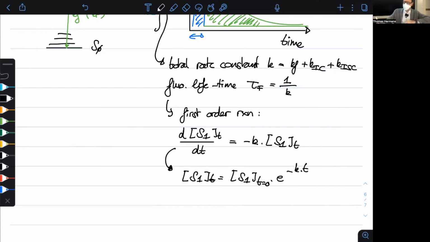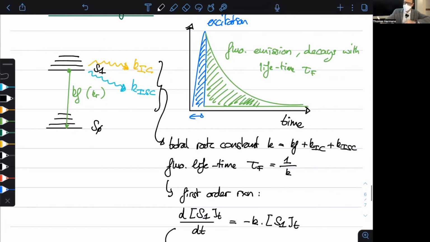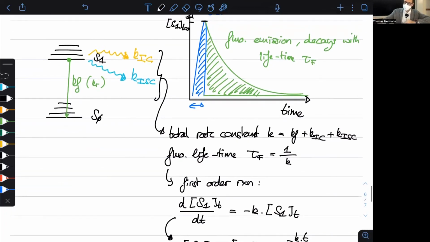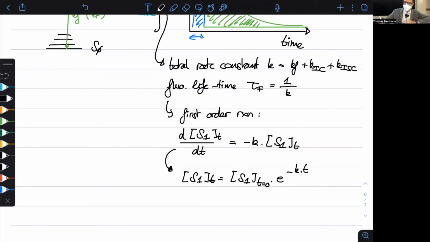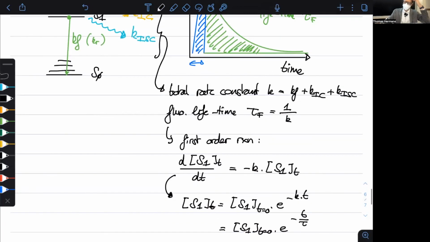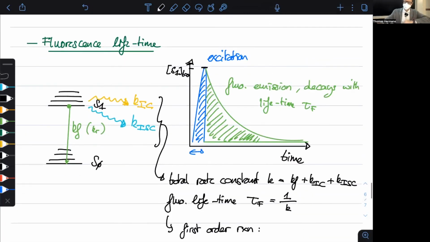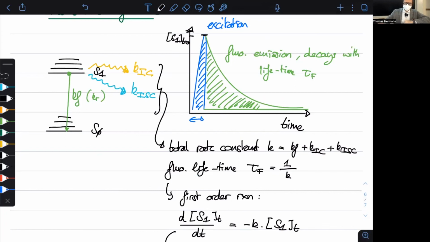So there's an exponential decay of the initial concentration of S1 at time 0. There will be an exponential decay like this, or I can write it if I substitute tau, it will be minus t over tau. Okay? So it's just the first order exponential decay of this fluorescence.